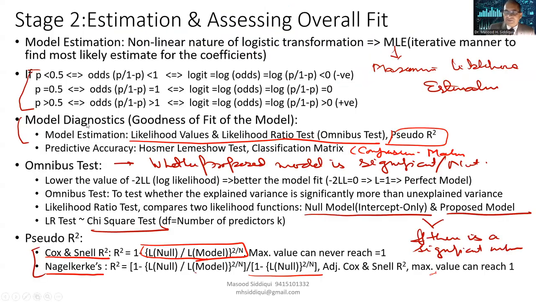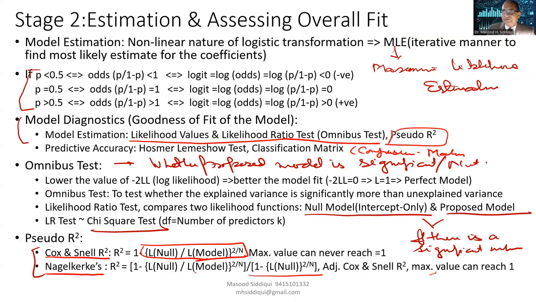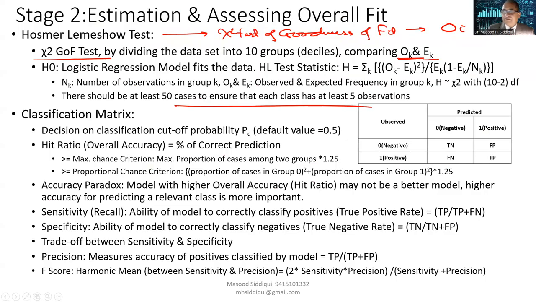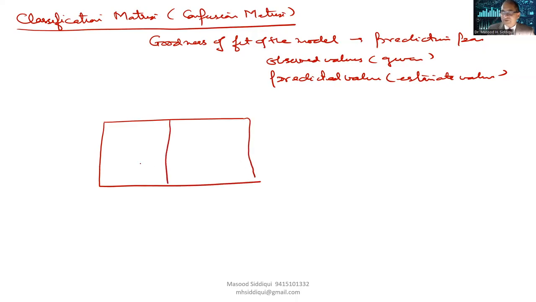Okay. So for this, let us consider a matrix. On one side, we have observed values, and on the other side, we have predicted values.